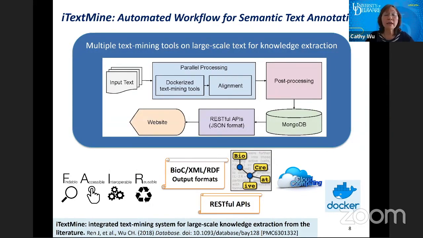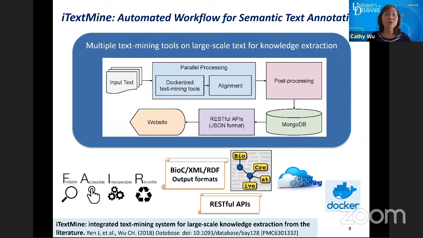So with so many disparate text mining tools that we have developed over the years, and also a number of tools in the public domain, we have developed this automatic workflow where we can integrate multiple text mining tools for us to do semantic text annotation on large-scale text.